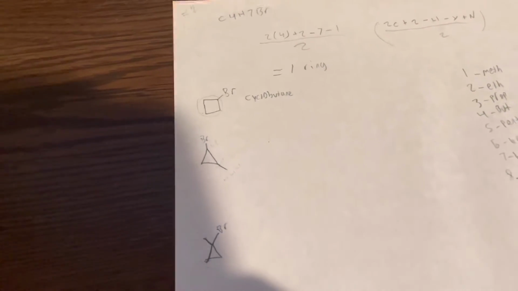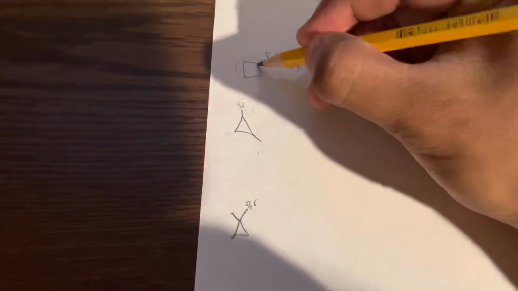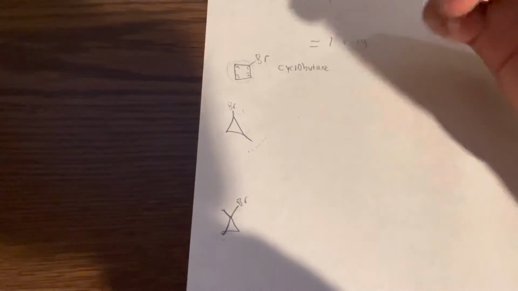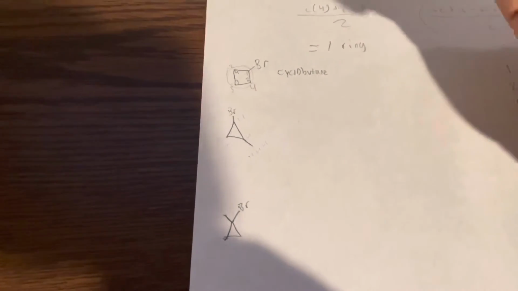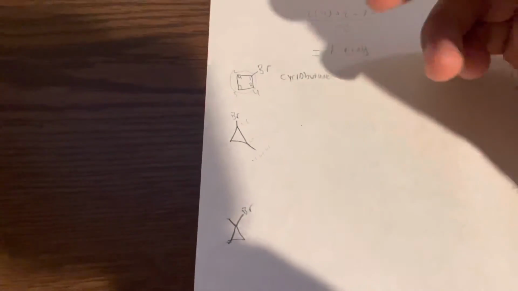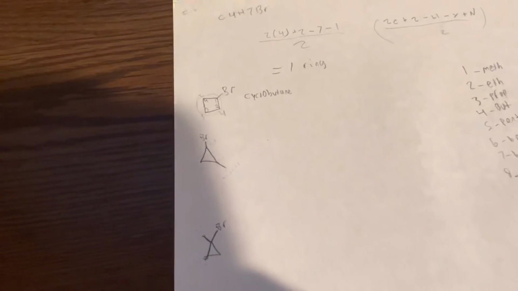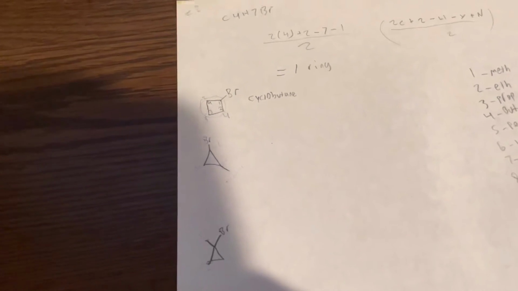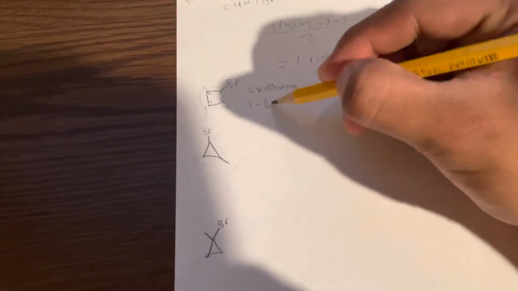All right, now let's start naming them. We know that the substituent has the lowest number. So this is gonna be 1, 2, 3, 4, or it could be the other way around. I don't think it would really matter because 1 is still gonna be the bromine regardless. Halogens always end in O, so it's gonna be 1-bromo.